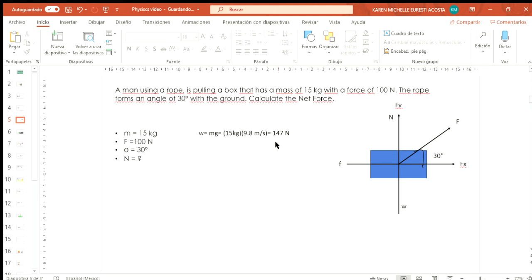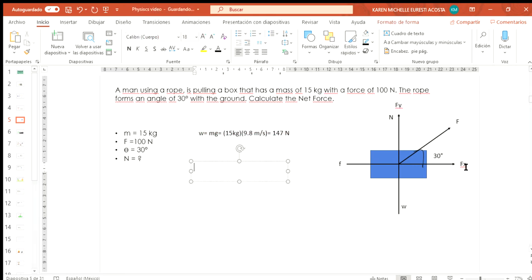And then we calculate the Fy because it's pulling the object. For this problem, the Fy and Fx are calculated with the next formulas.